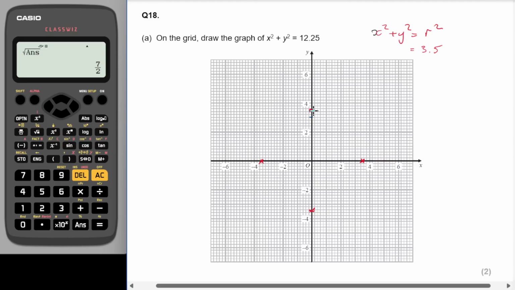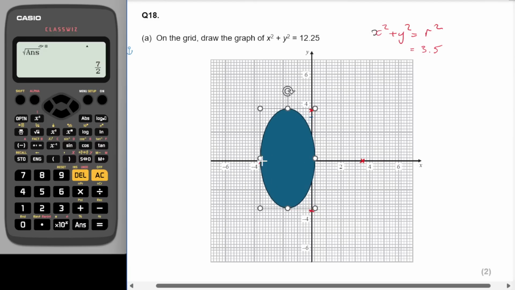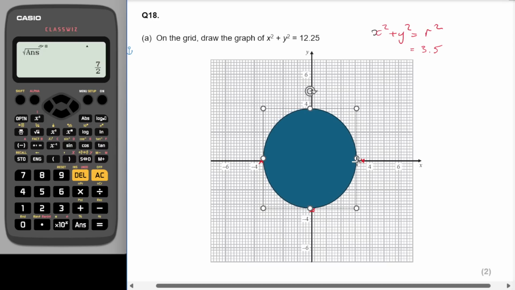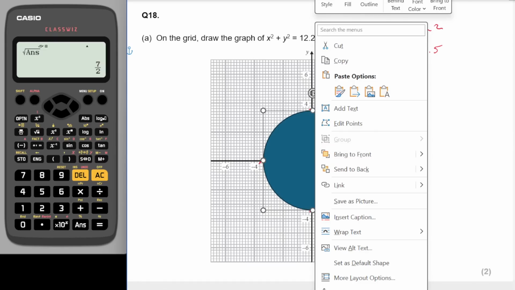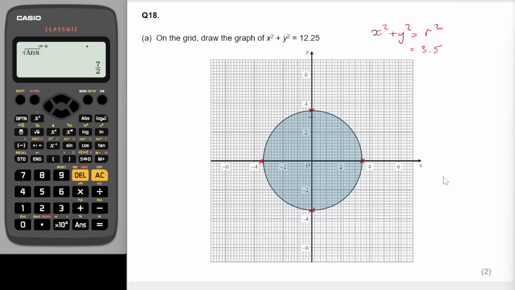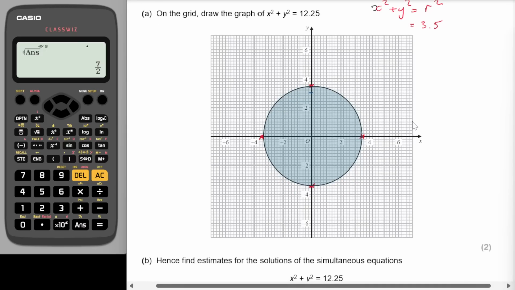Right, this is going to look terrible to start with. Right, I'm just going to format the shape slightly. There we go. I don't think that's the best set of axes for that question, but there we go.